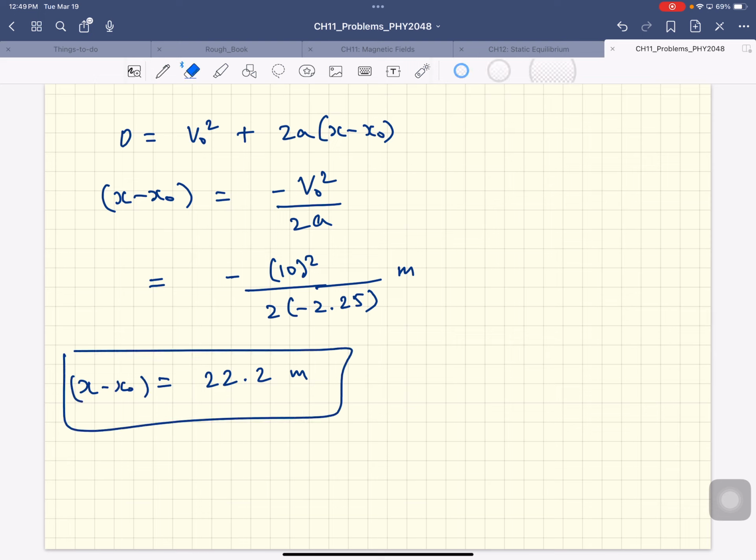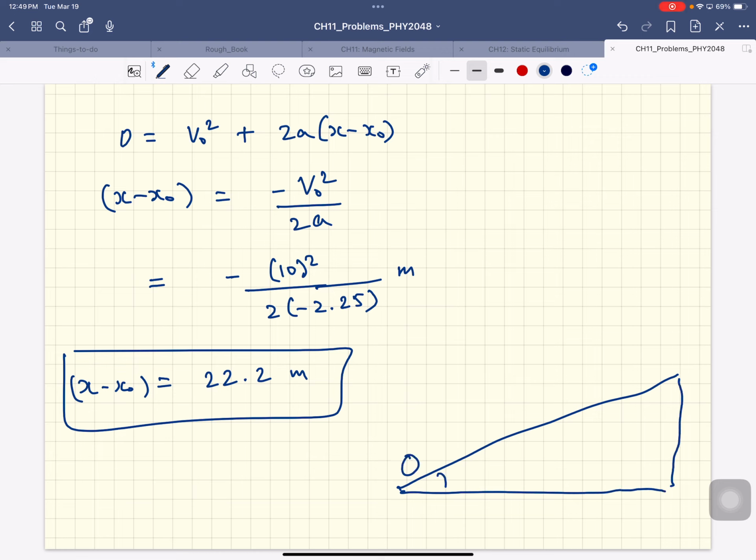Okay, so what we have found is a cylinder rolling up a 20-degree incline. If it starts off at 10 meters per second, which is about 25 miles an hour, it will go up 22 meters. 22 meters is roughly the width of this room.